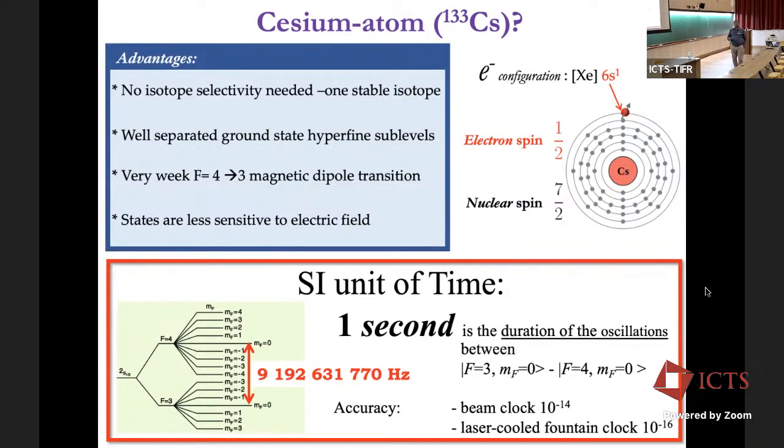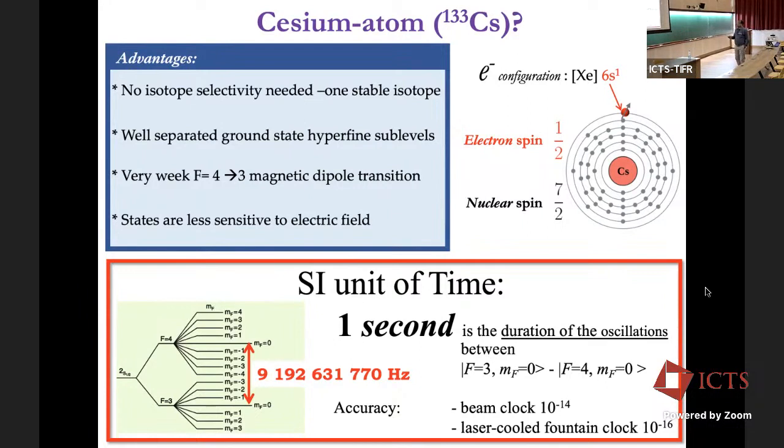That means there is no first order Zeeman shift. In a magnetic field, in first order they will have no shift. So practically, you can select the Zeeman unshifted state, MF equals 0, between F equals 3 and F equals 4, and use this transition to make a very accurate clock because they are Zeeman unshifted.